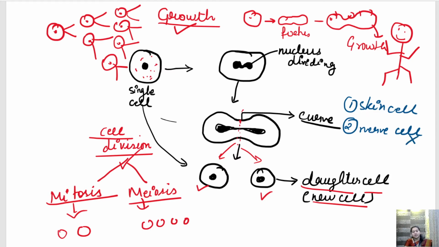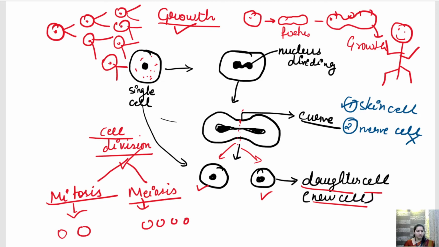Okay, the nerve cells present in the brain remain the same, but skin cell continuously divides. So this is the basic concept of growth and division. So this you will study in your higher classes later.